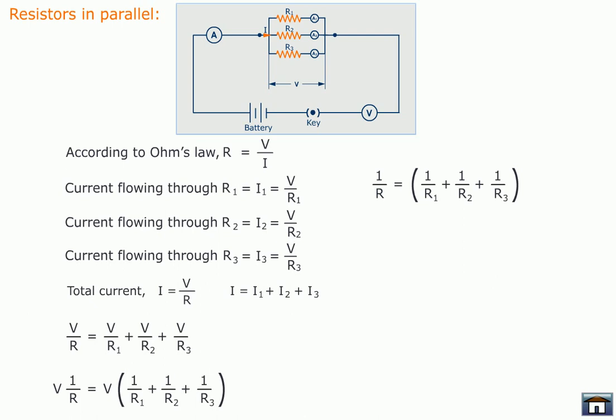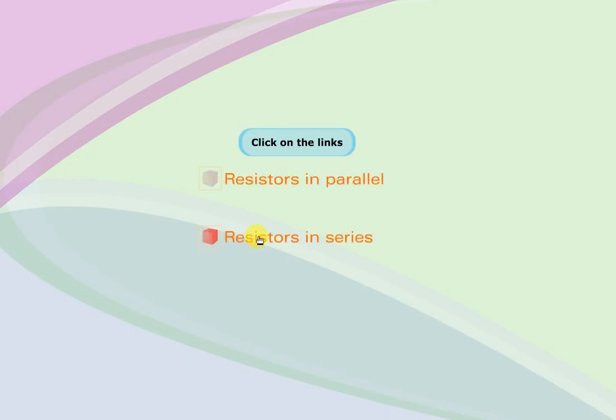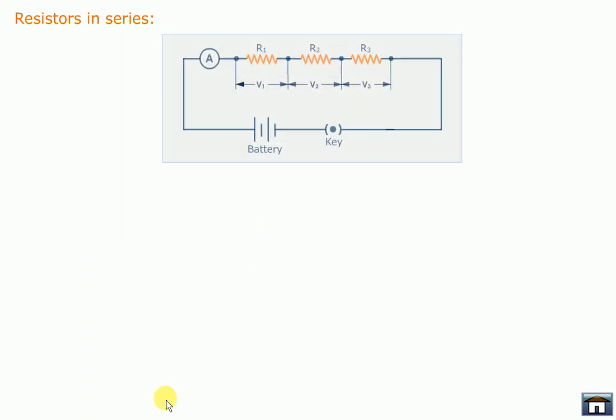In the same way, if three resistors are connected in series, look here, in this circuit, three resistors R1, R2 and R3 are connected in series. The potential differences at the ends of R1, R2 and R3 will be V1, V2 and V3.